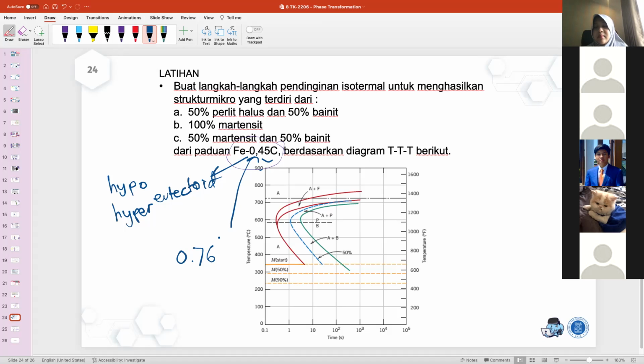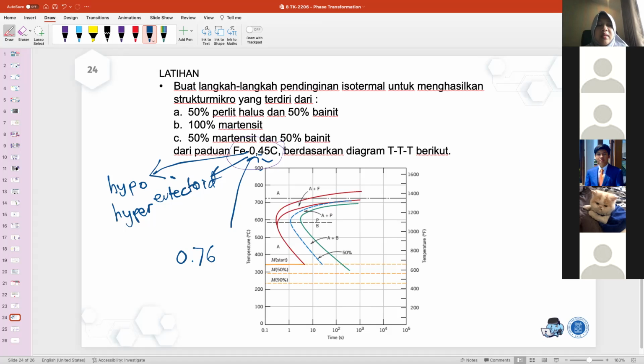This one compared to the eutectoid, higher or lower? Lower. So if lower, then it is a hypo.